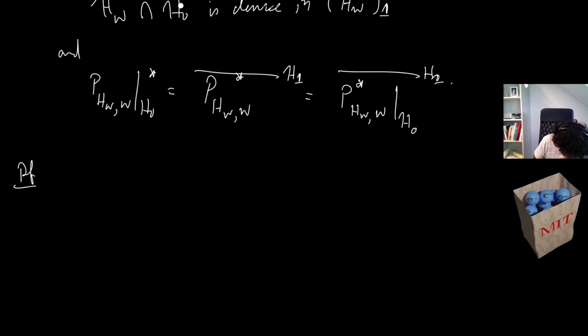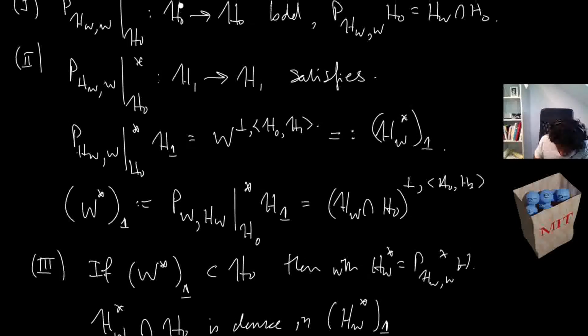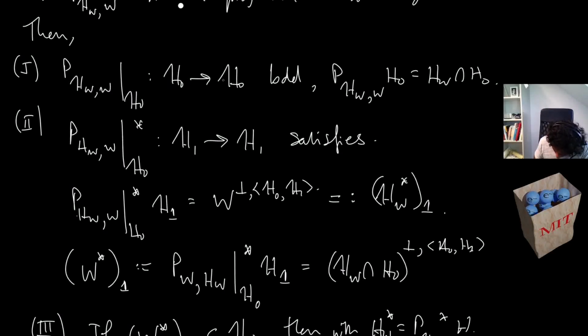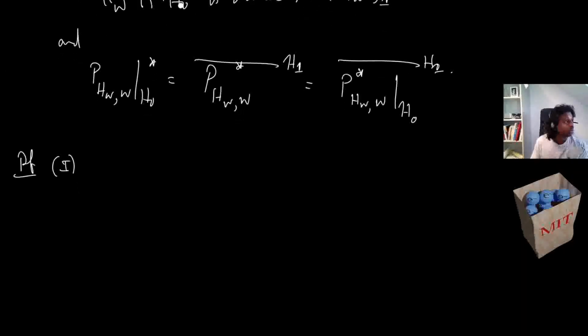Alright, so proof of 1. The first thing we need to show is that this is a bounded map, and that the space is as it is claimed to be. So let's take a U in H naught.